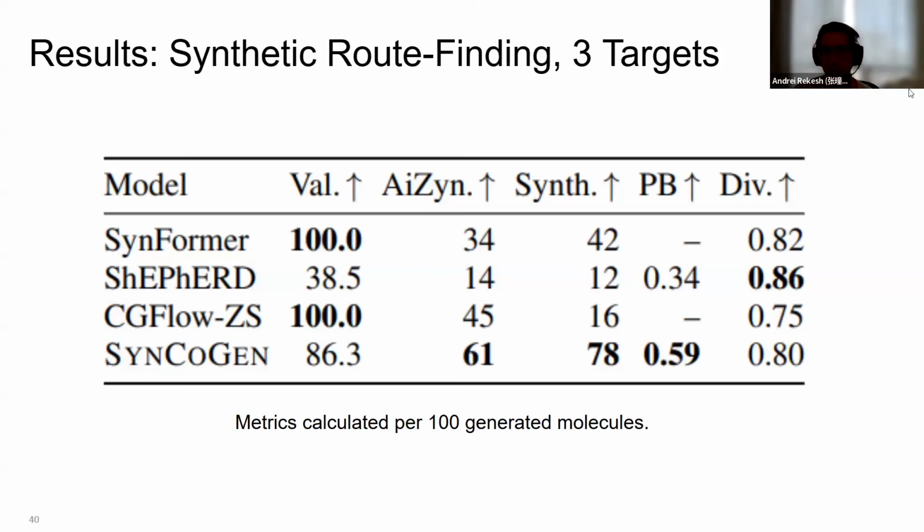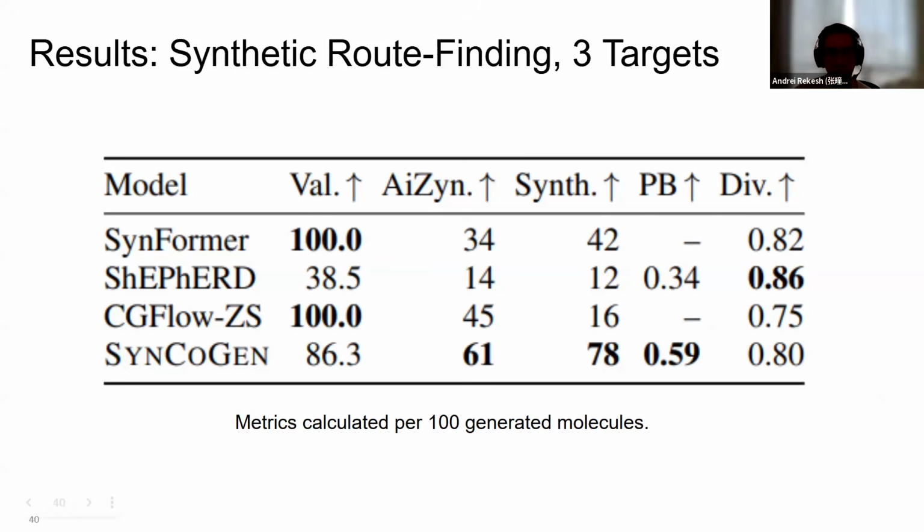And so here's one intended or unintended consequence, or benefit rather, of having a smaller building block set, and that is that it's much easier for synthetic route finders because of the lack of exotic building blocks or hard to purchase building blocks. If we're considering a larger building block set, it's much harder to find synthetic pathways.